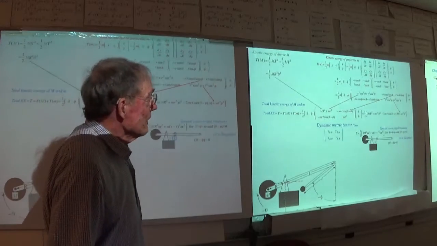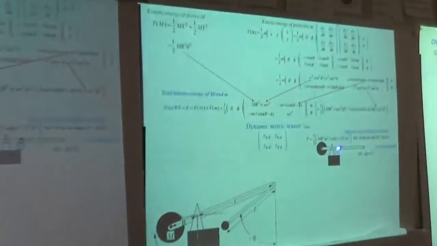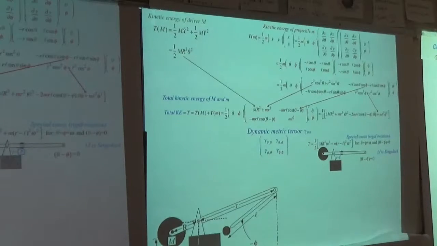In this case, it's like a lever arm, and this is R minus L, the radius here, wherever this little r is, and then the distance R minus L is there.